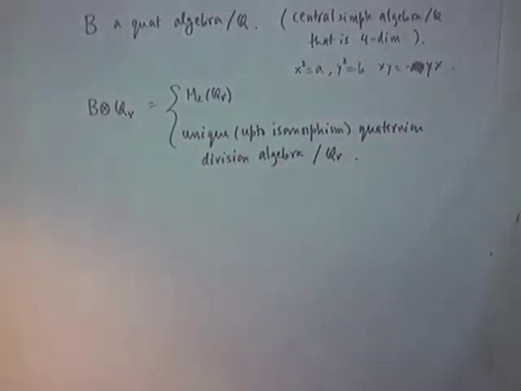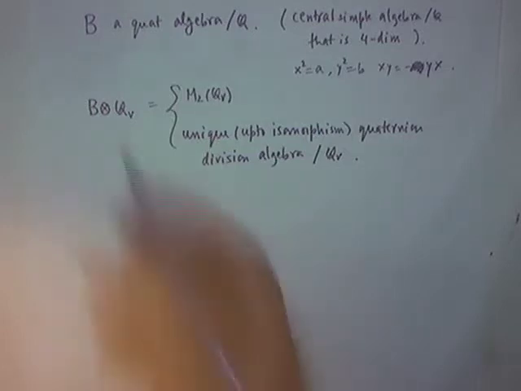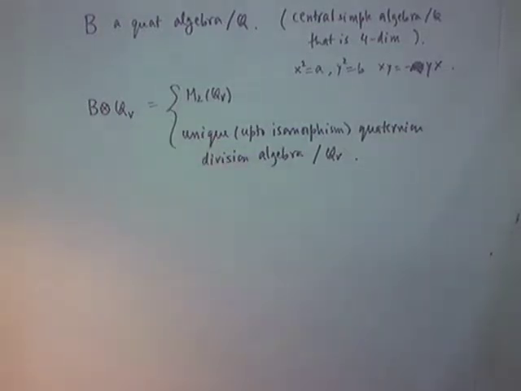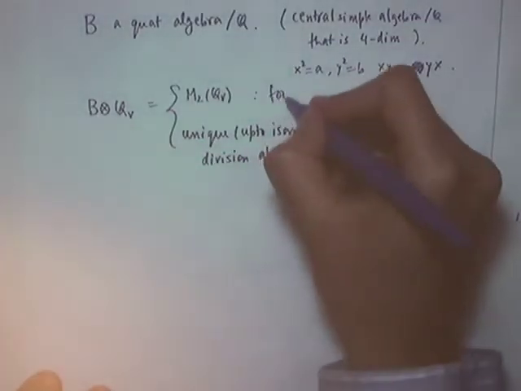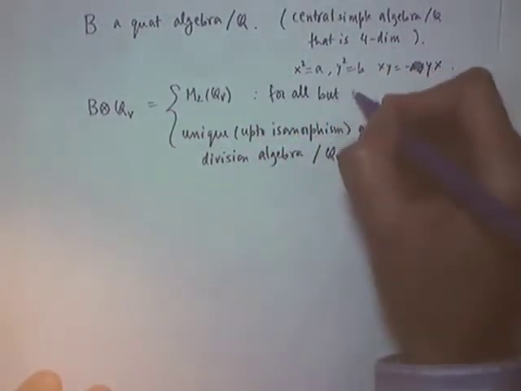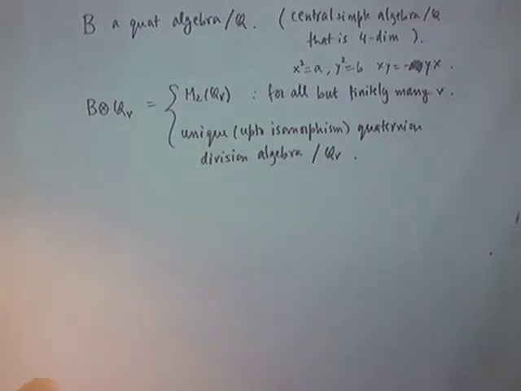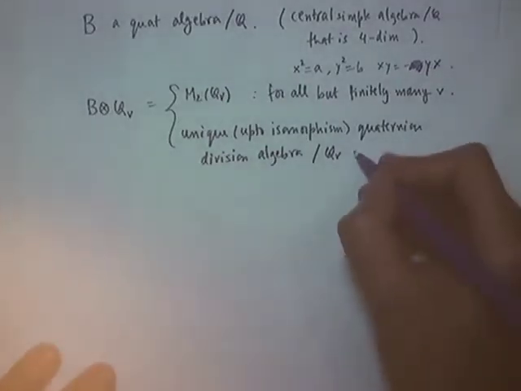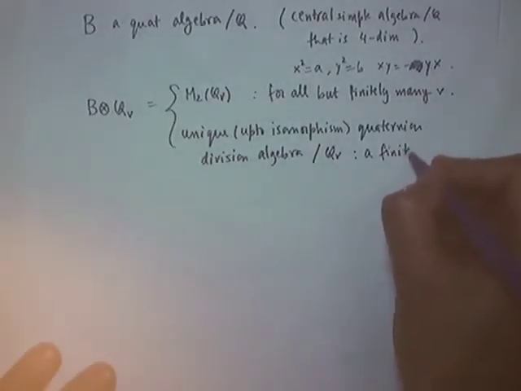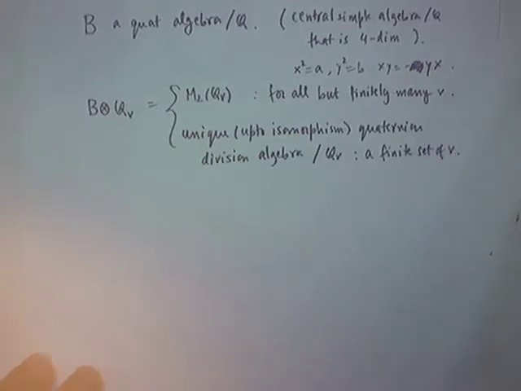So for every completion of Q, there's a unique quaternion division algebra over Q_v, and when you tensor this global algebra with Q_v and look at it locally, you might get either the matrix algebra or the unique division one. And this division case happens for all but finitely many v, at exactly a finite set of v. And by class field theory, one knows that this finite set has to be even.